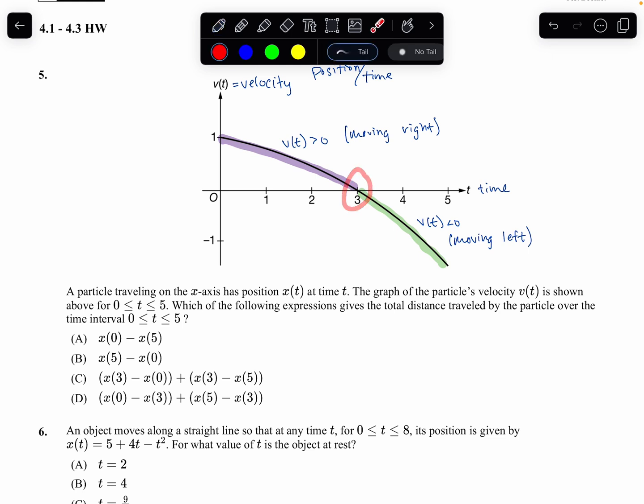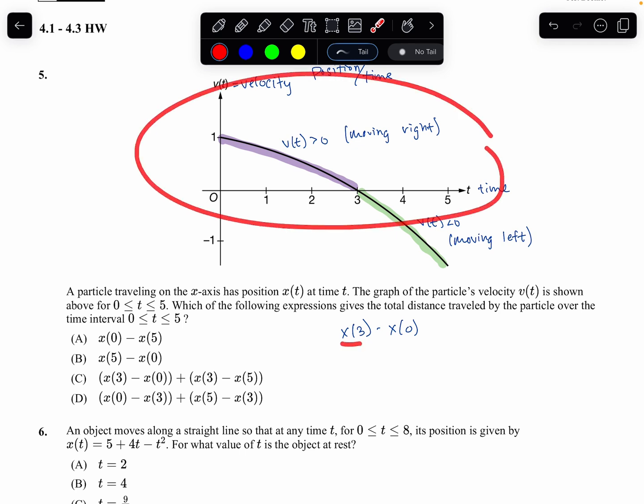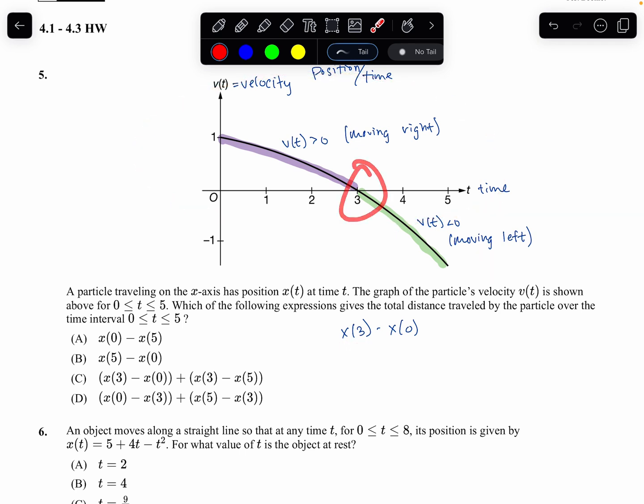So if we had the position at t equals 3, that would be x of 3. And then if we subtract the position that it was at, so we would need x of 0. So we don't even need this graph right here, except for what's happening here. This is the part that's important right here. From 0 to 5, pretty much this is what's important right here.